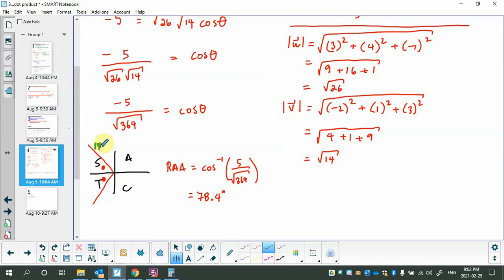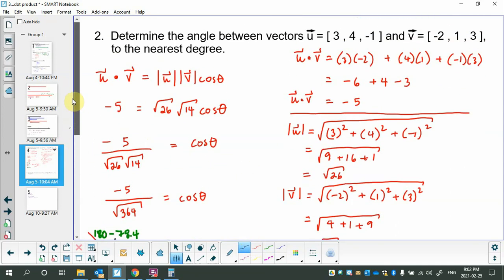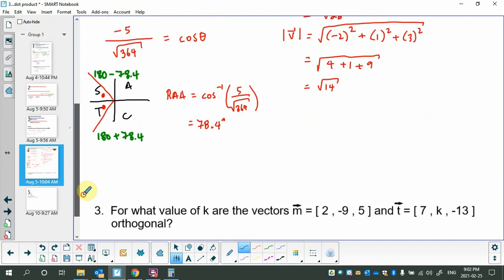So this rotation is 180 minus 78.4, and this rotation is 180 plus 78.4. So I'm going to do my therefore statement and my calculations at the same time to answer the question, which is to determine the angle between the vectors.